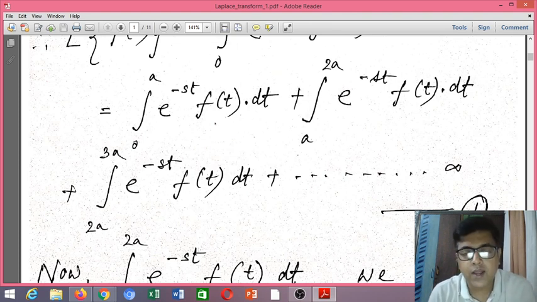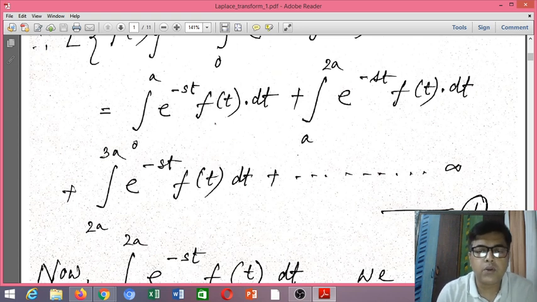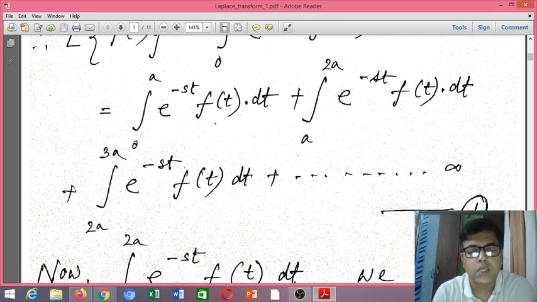Because what we are doing is breaking the interval 0 to infinity into equal subintervals 0 to a, a to twice a, twice a to thrice a, to 4a, and like that. So there will be infinite intervals because the upper limit is infinite, it's an improper integral.